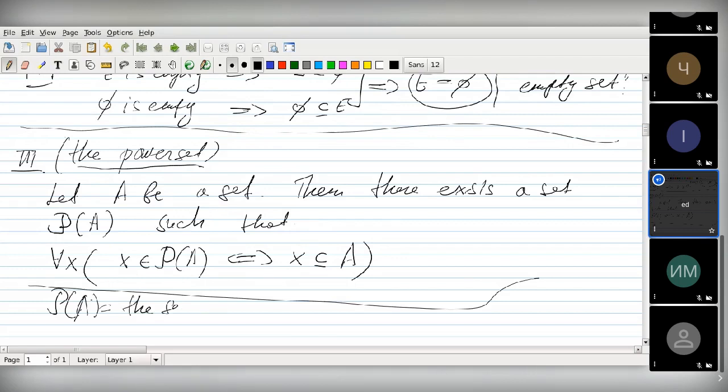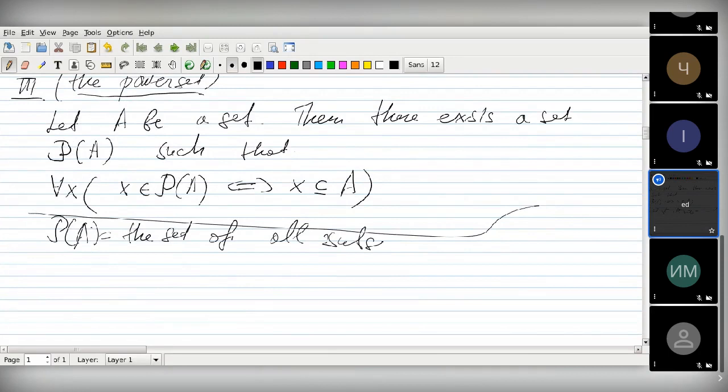It is the set of all subsets of A. You may group together all subsets of A. Is it clear? It is allowed. So we have a principle that guarantees that such a set indeed exists. Is it clear or not that clear?